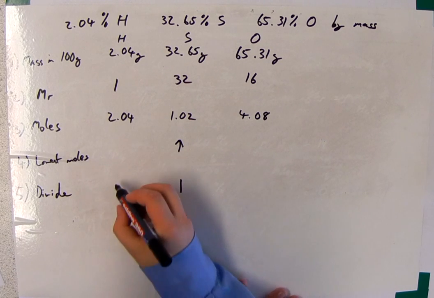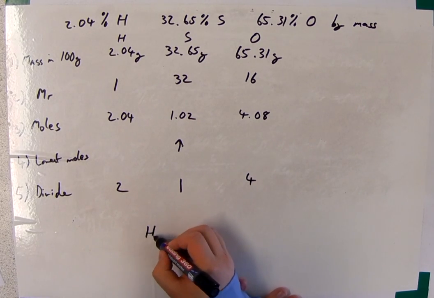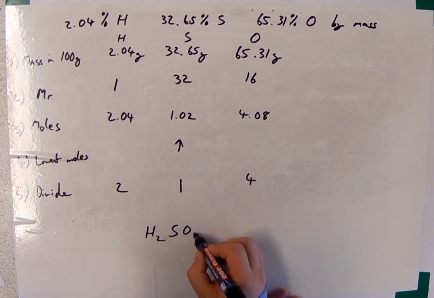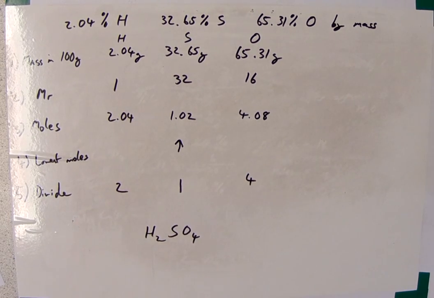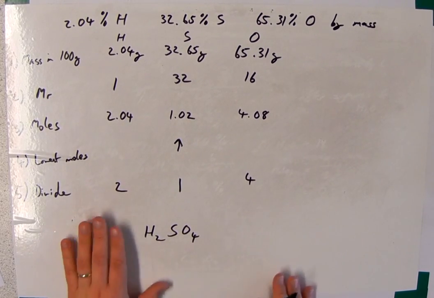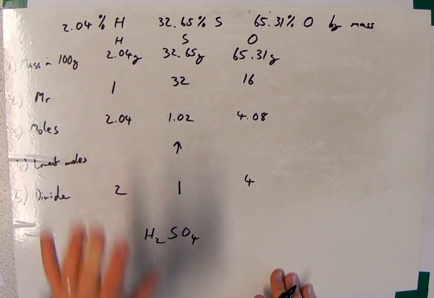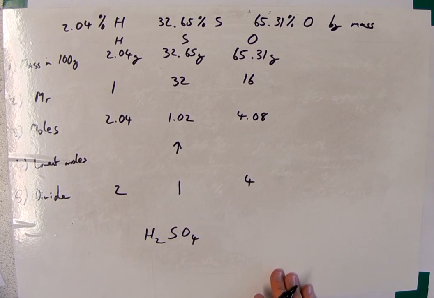That gives us 1, 2, and 4. H2SO4. So again, H2SO4 straight off by working through from percentage compositions this time. That's all we need about empirical formula.